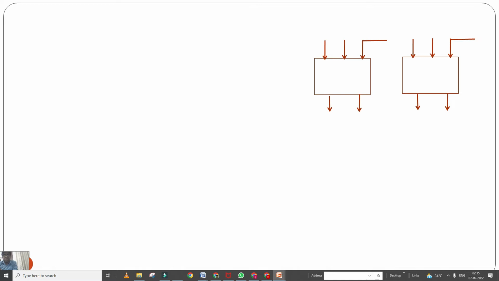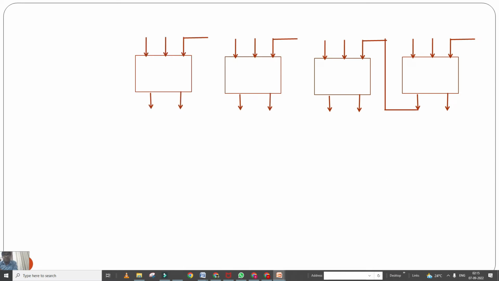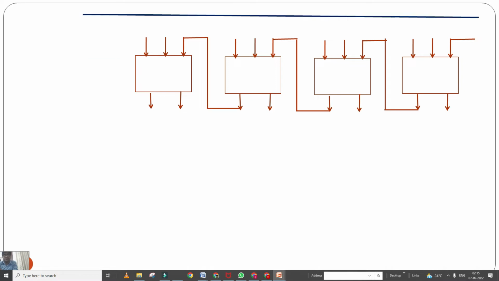Now look at this, these are the previous borrow inputs. So this borrow out is the input of this block. This block also generates a borrow out, and this borrow out is B in for the next device.